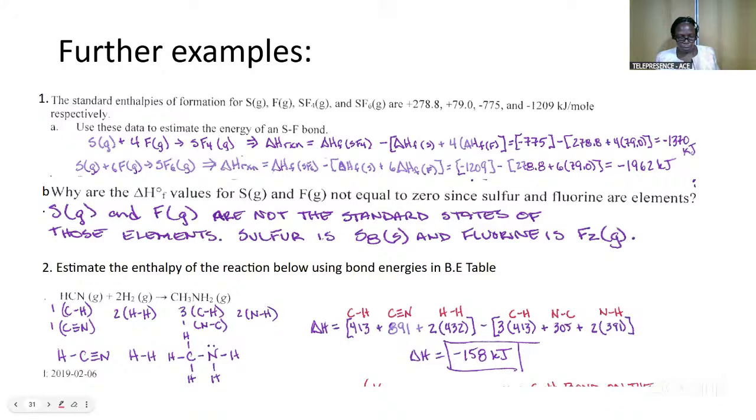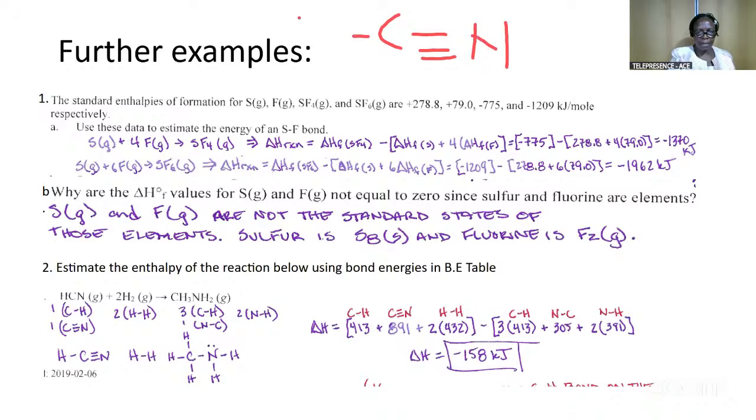That is the first thing. I told you, always check out for the type of bond, check out for the number of each type of bond. So for HCN, you have H, triple bond, N. When you draw it out, you will have less problem. For H2, you have the H-H bond. Let's take them one by one.